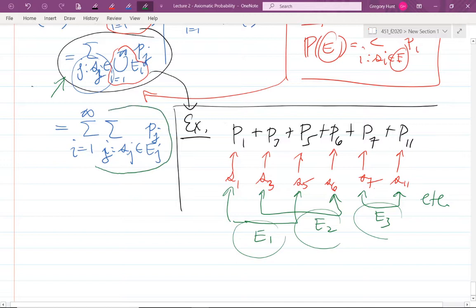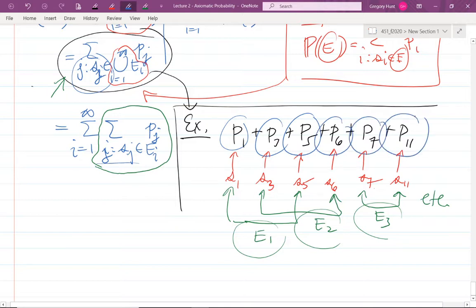If I fix I, whoops, back up here, this should be E sub I, I can sum over all of the j corresponding to S sub j in E sub I. So this would be like E sub 1. And I can do that now for 2. So P1 and P5 are part of E1, P3 and P6 are part of E2, P7 and P11 are part of E3.